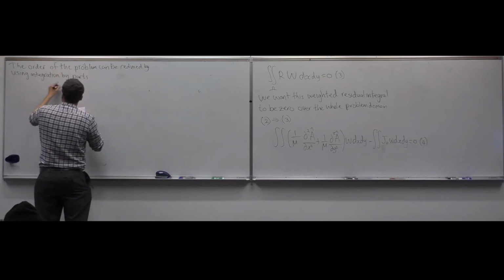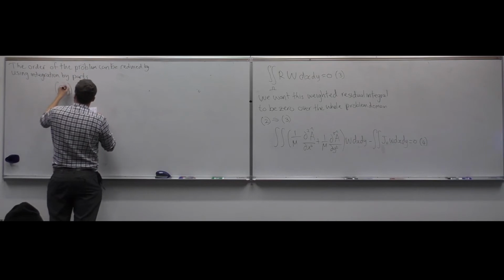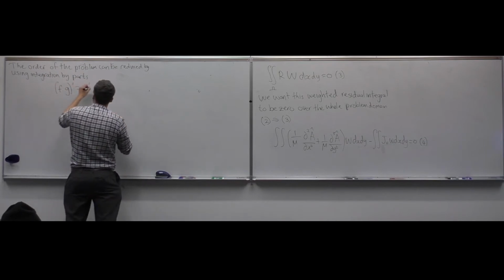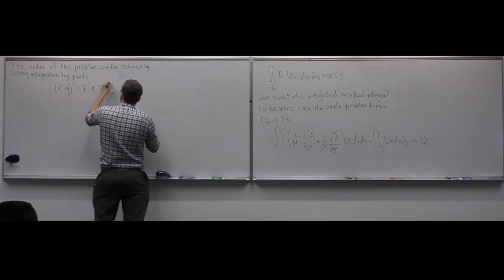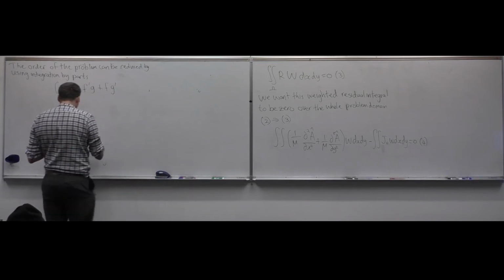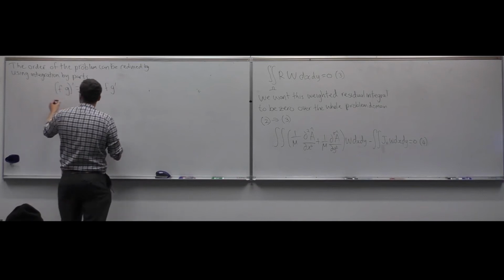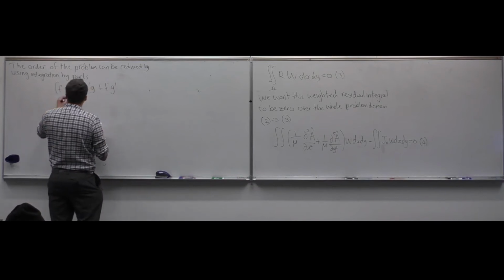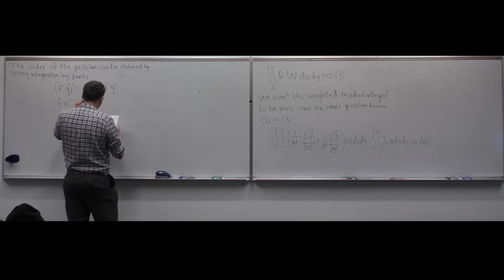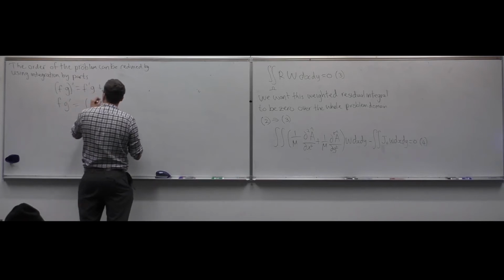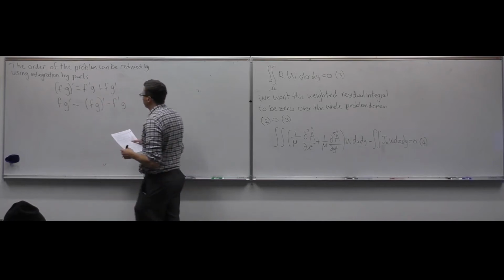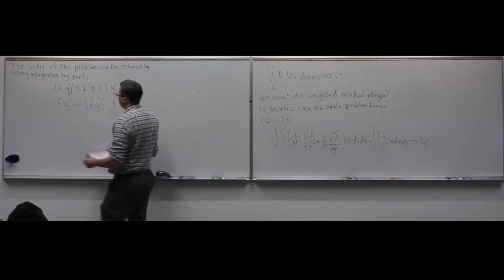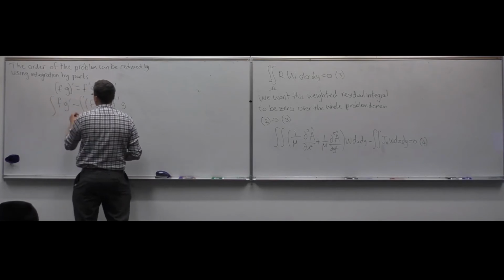We have the derivative of f and g is equal to f derivative times g plus f times g derivative. So we can rewrite that as f g prime is equal to f g derivative minus f prime g. Then we integrate all three of these.